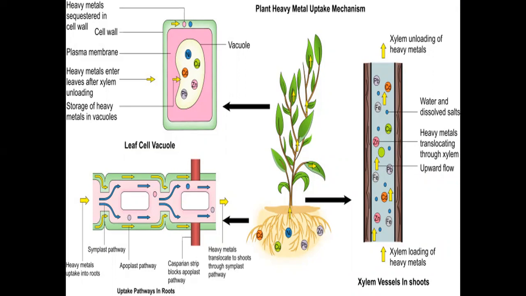And these are the Casparian strips which are present on both sides, and these Casparian strips block the apoplast pathway. So heavy metals do not move further. The heavy metals move through the symplast pathway and heavy metals translocate to shoots through the symplast pathway.